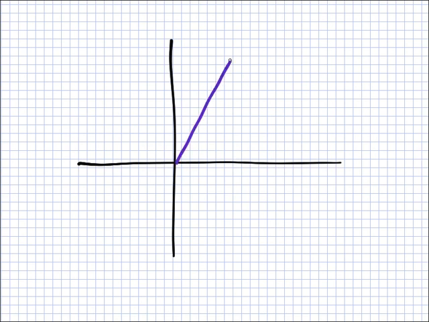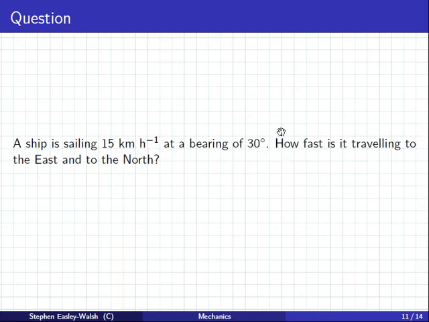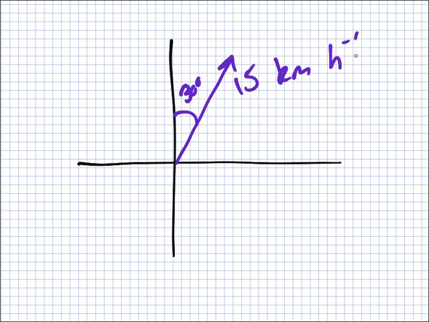I tell you that this here is at 30 and it's 15 kilometers per hour. I would like this component and this component. Okay? I'll give you a minute again.